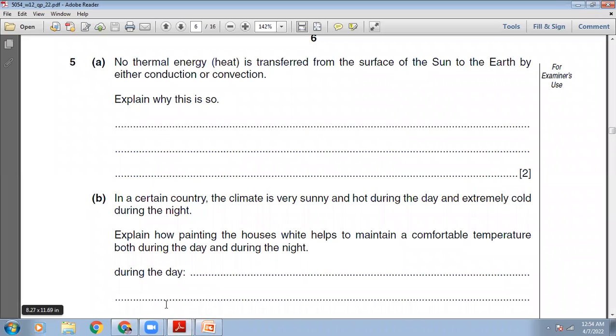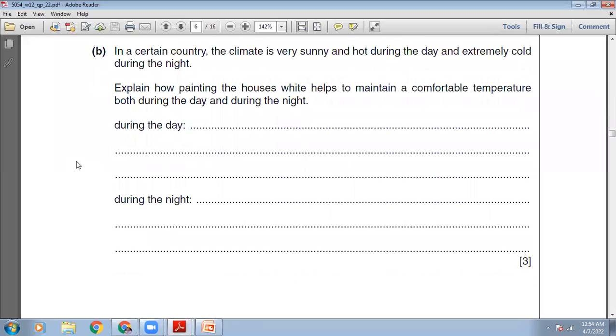So the next part is part B, and he says, in a certain country, the climate is very sunny and hot during the day and extremely cold during the night. Explain how painting the houses white helps to maintain a comfortable temperature both during the day and during the night.